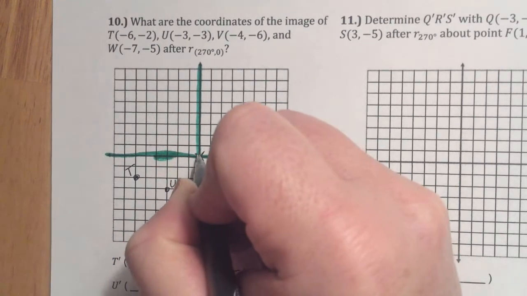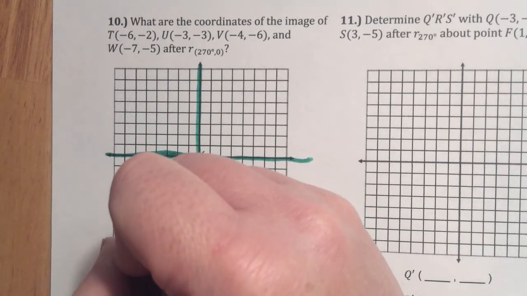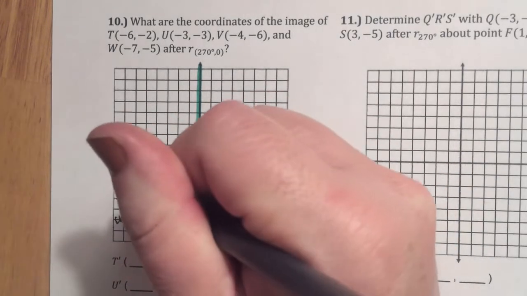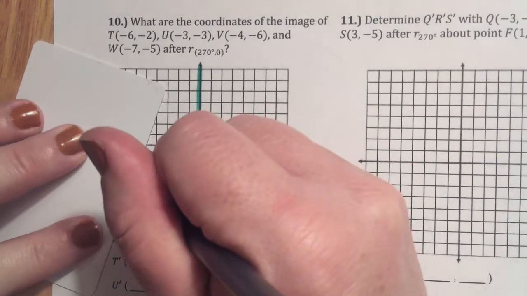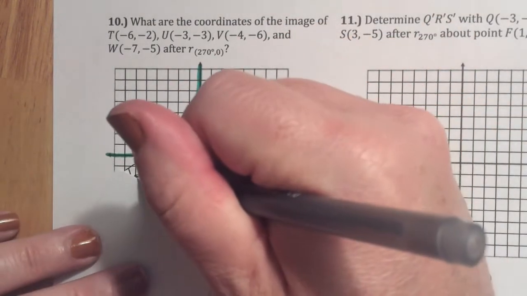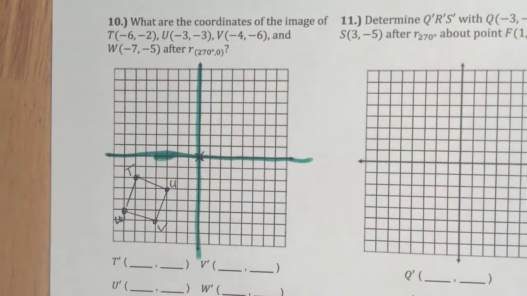That's V. And then -7, -5. Okay, and that is our W. Okay, connect the dots.